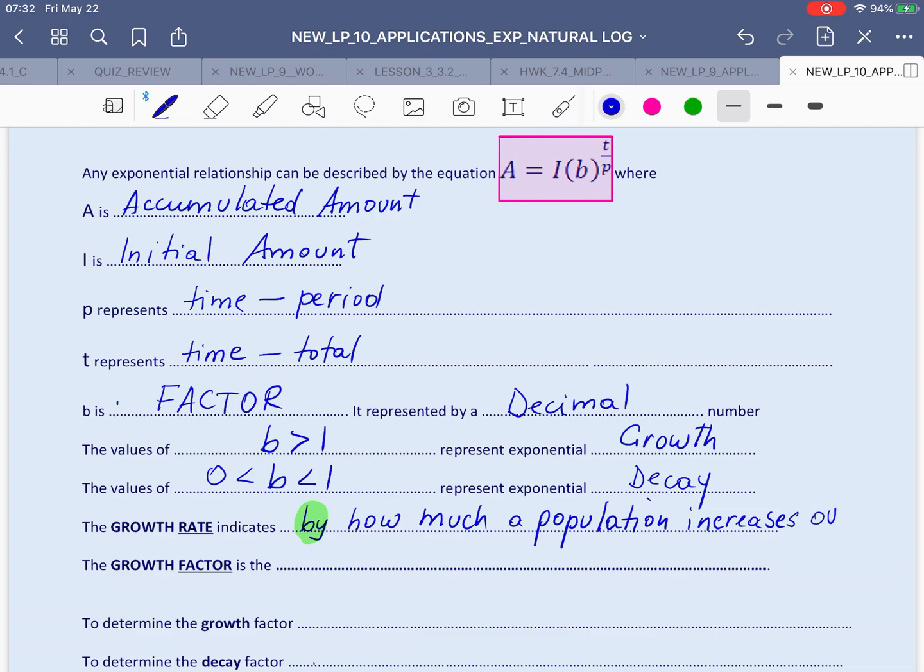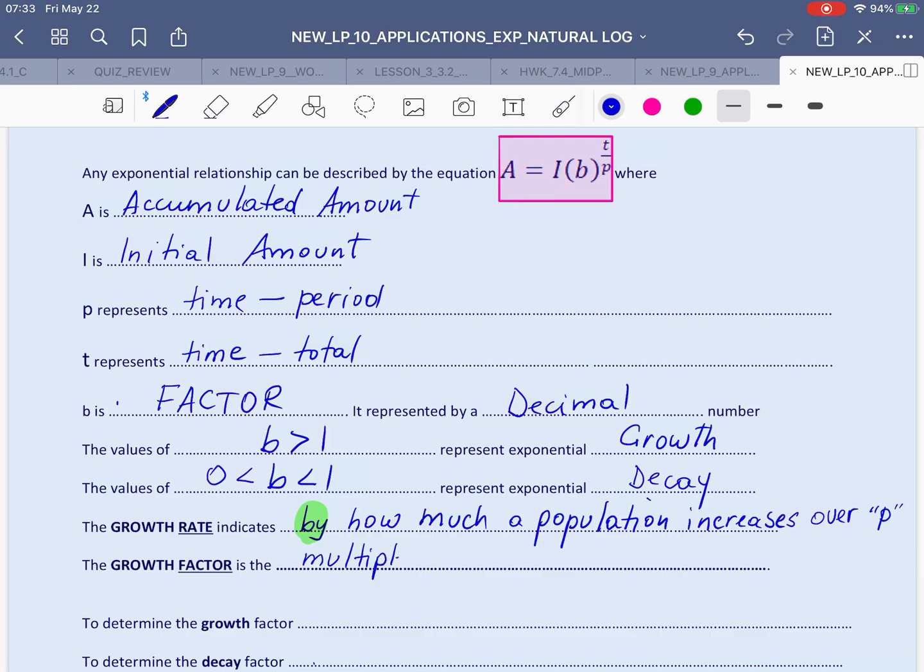And we say by how much it increases over a certain period of time, so the time P. When it comes to decay rate, it means the same thing: by how much a population decreases.